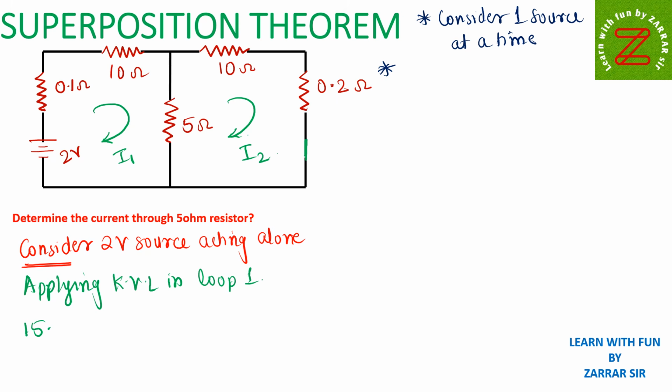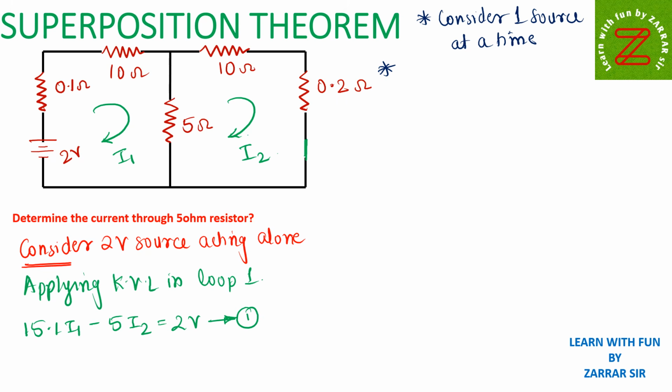So 15.1 I1, and this 5 ohm resistance is in the second loop also, so minus 5 I2 is equal to 2 volt. This is my equation number 1.